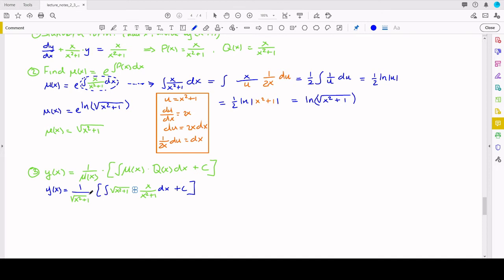So that integral looks pretty intimidating, but it turns out that a substitution that we used before will work here as well. So I'm going to use u equals x squared plus 1. Then I'll skip these two steps and write down 1 over 2x du is equal to dx.